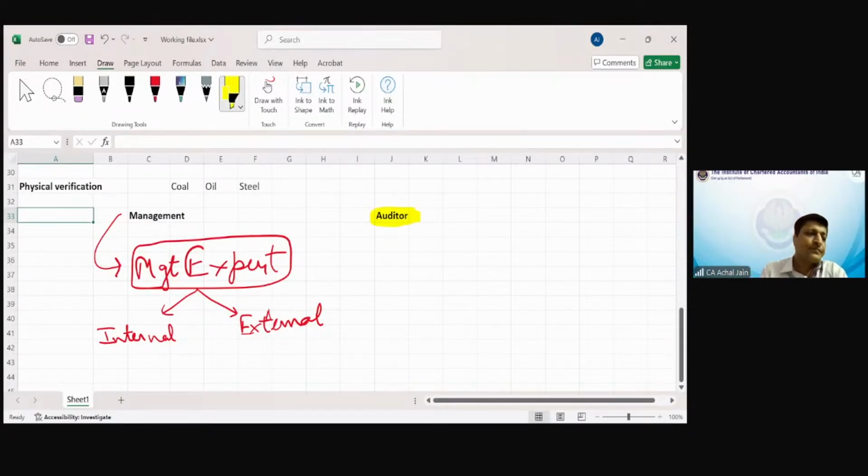Over to you. What should be the course of action on the part of the auditor? Tell me, what is it that the auditor will do? Or is there anything required to be considered by the auditor in respect of the physical verification?